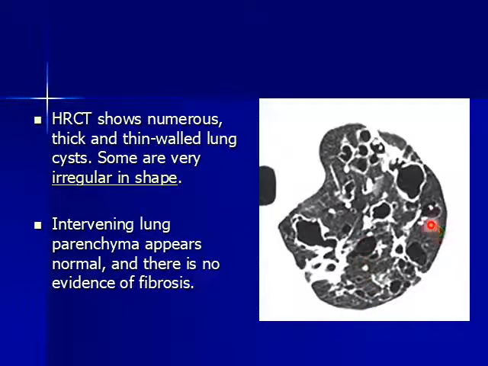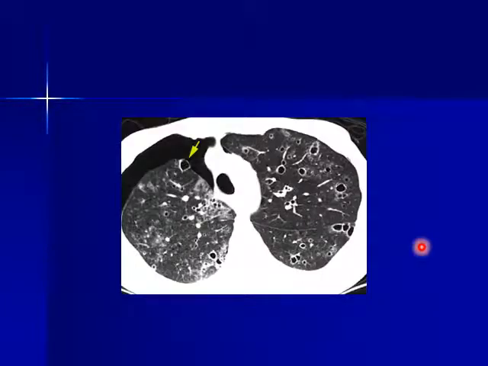This pattern of bizarre or irregular thickening of the wall can be seen in Langerhans cell disease. Sometimes these cysts are located at the periphery of the lung and may rupture into the pleural space, presenting with spontaneous pneumothorax.